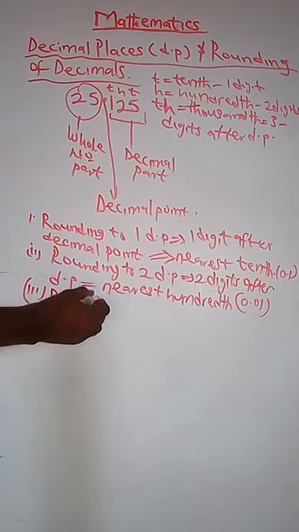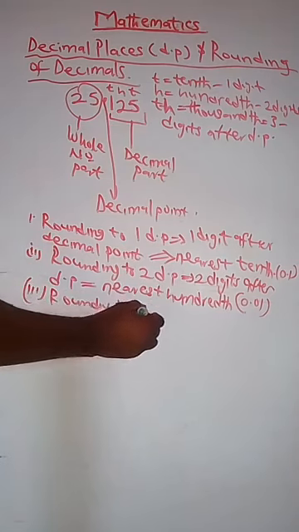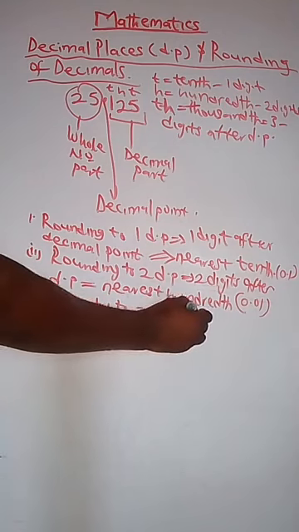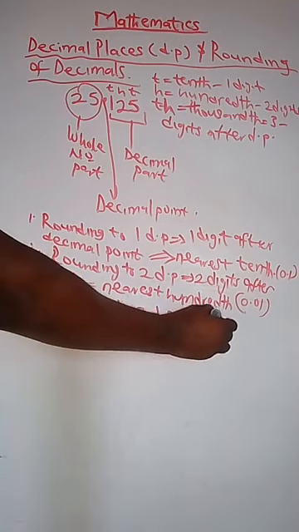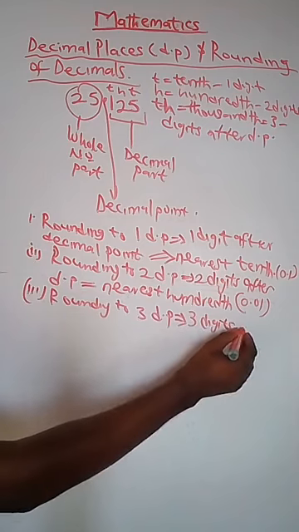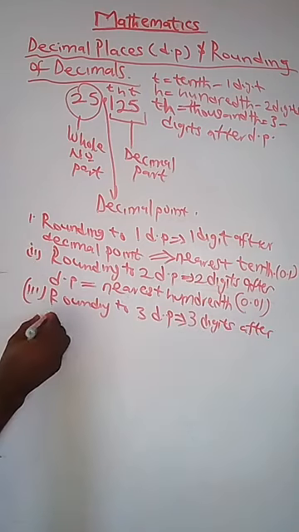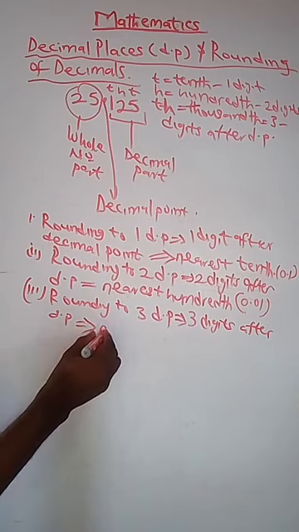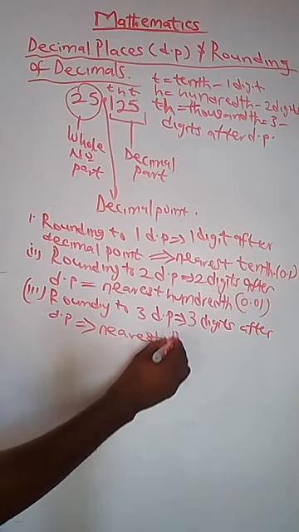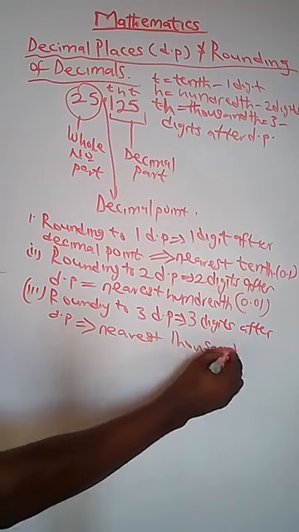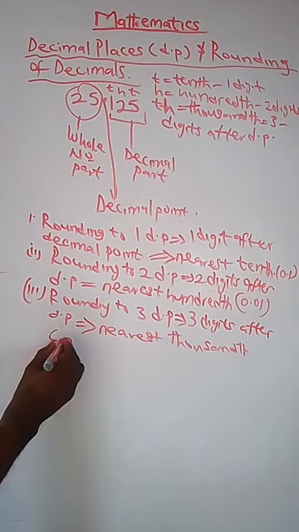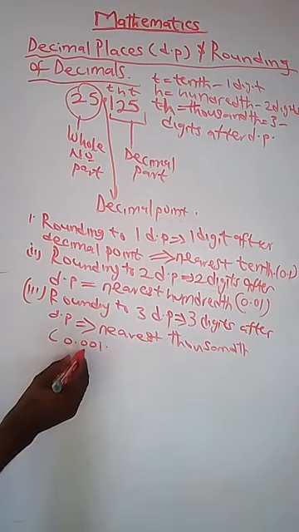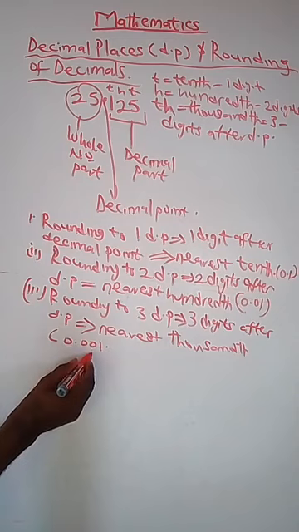Rounding to 3 decimal places means 3 digits after the decimal point, which is also the same thing as nearest thousandths, which is 0.001. That is 3 digits after the decimal point.